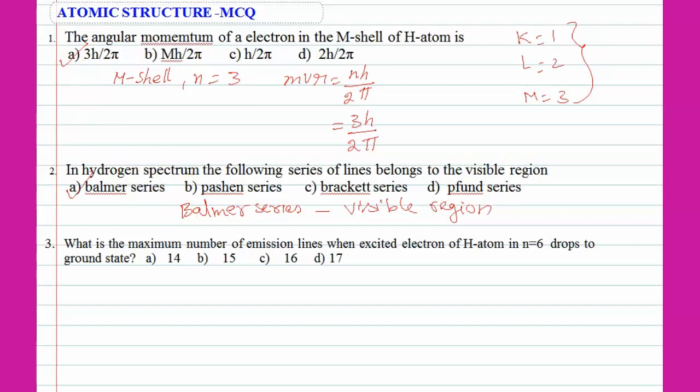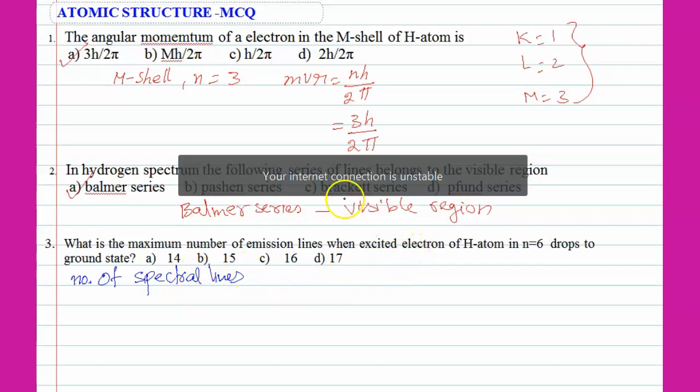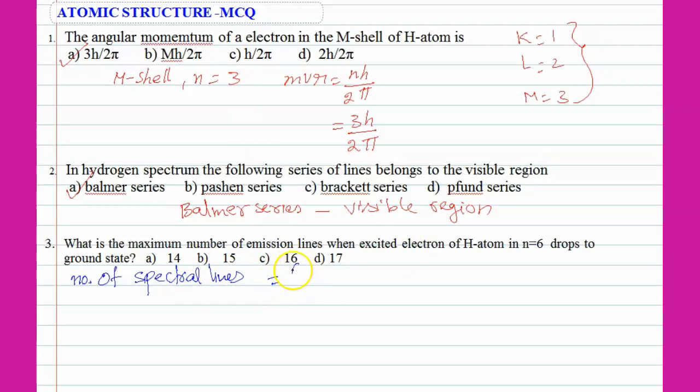Actually here we should draw the diagram and find out, but instead of that, we have a simple formula for the maximum number of spectral lines: (n2 minus n1) into (n2 minus n1 plus 1) divided by 2. So this is the formula, students. Here n2 is 6.